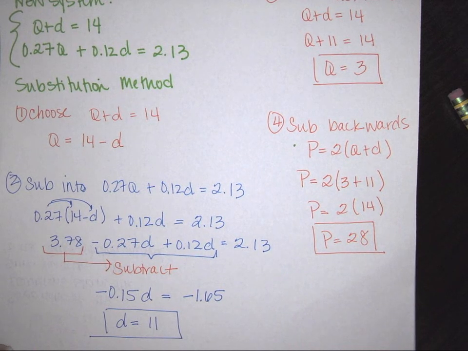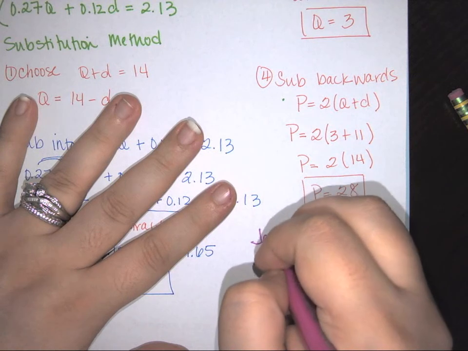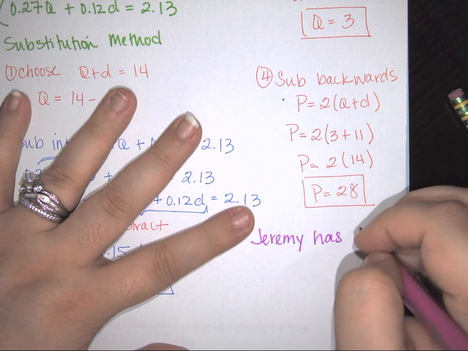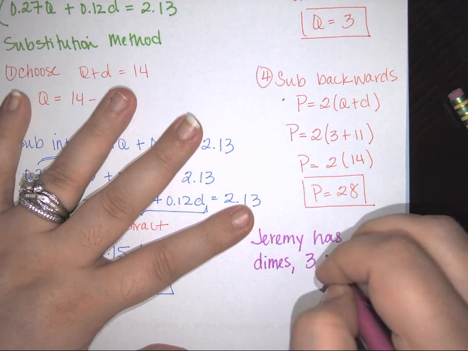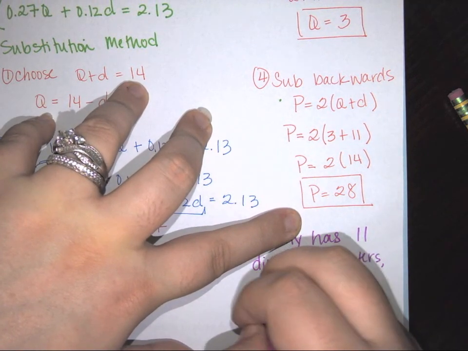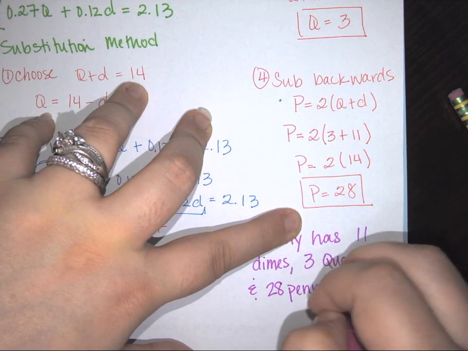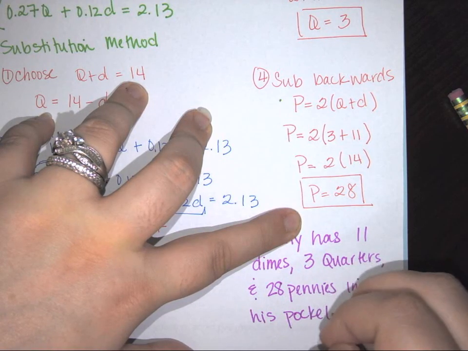So my solution here is very simple. We have that Jeremy has 11 dimes, 3 quarters, and 28 pennies in his pocket.